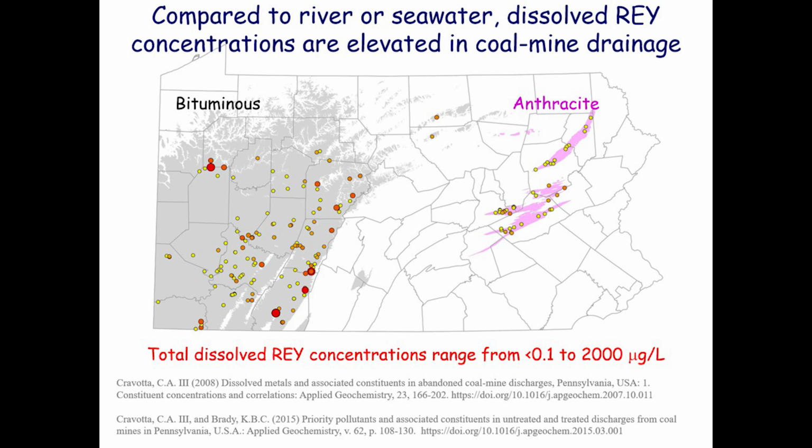And so we sampled discharges from around the state, both the untreated and then the treated water at these regulated facilities, to see, well, if they're meeting their effluent standards for iron, manganese, and aluminum, what's the fate of these other metals?